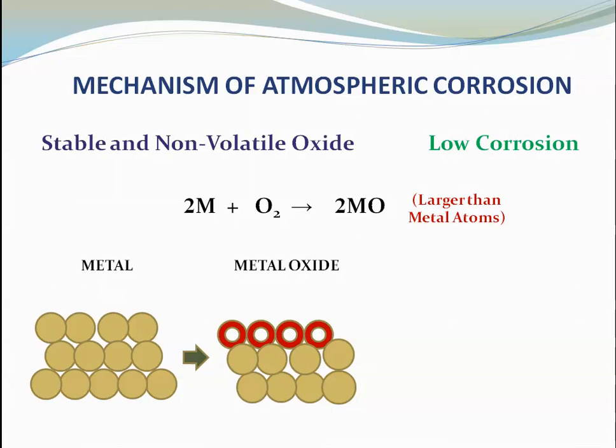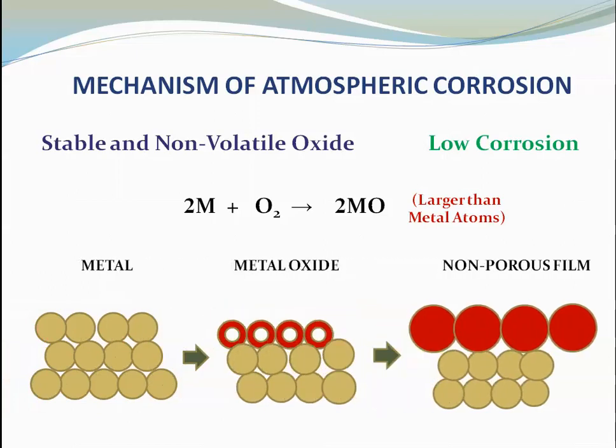Now, depending upon the size of the metal oxide molecules, like here, the metal oxide molecules are larger as compared to the metal atoms. This metal oxide film, which is formed at the surface, is non-porous.